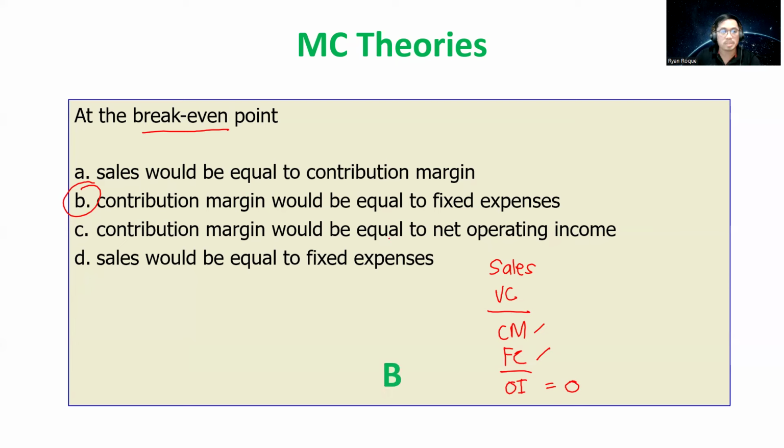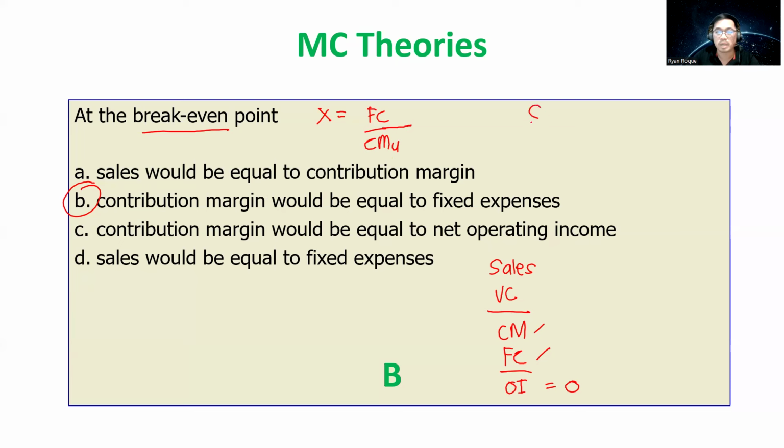All right. But just to add more information, again, the formula that we'll be using in almost all our problems would simply be X equals FC over CMU, wherein X is the number of units to break even. The number of units that must be sold to break even should be equal to your fixed cost divided by your contribution margin per unit if you are asked for the number of units.